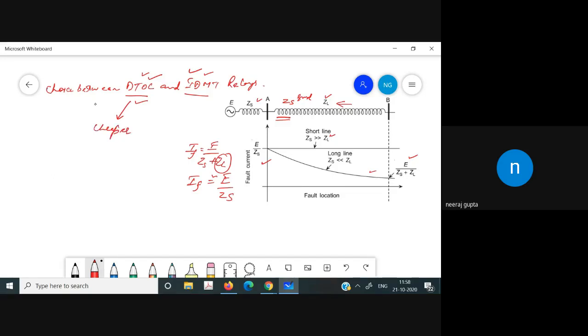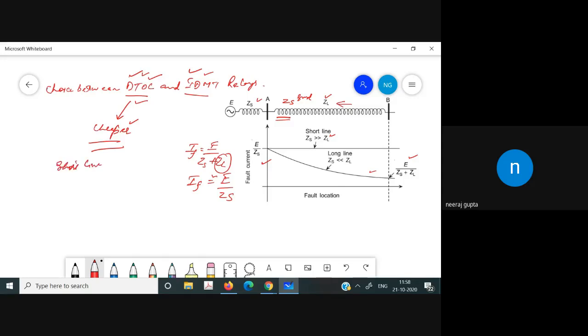So in the situation in which we have a short line, that is, the length of the line is short, we prefer the DTOC relays, because they are cheaper as compared to the IDMT relays.